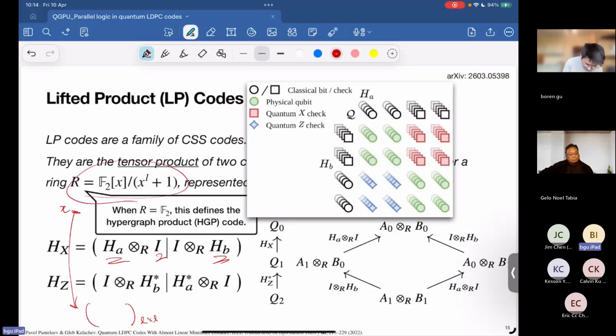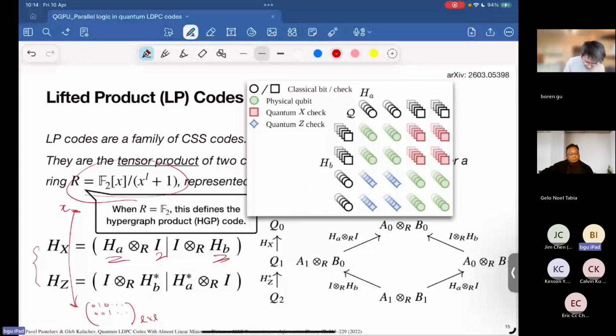For example, X is a shift by 1, so it's mapped to a permutation matrix, something like this. In such a way you get a way to map both parity check matrices over the ring onto parity check matrices over the binary field, but with a larger size.